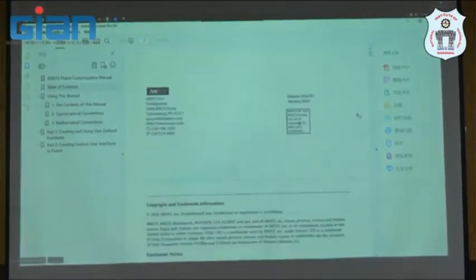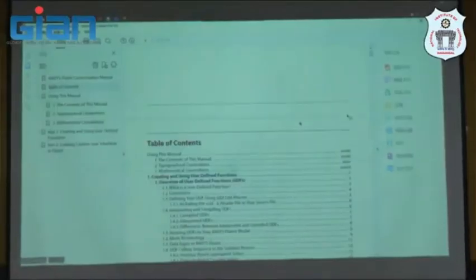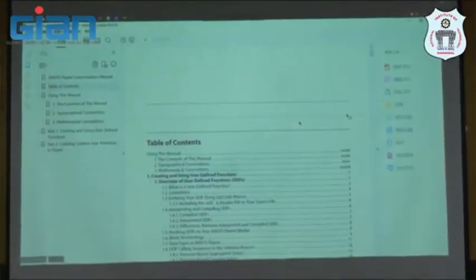Yes, use this manual to find which macro we want to use, what its description or usage is, and where to load or link the macro.